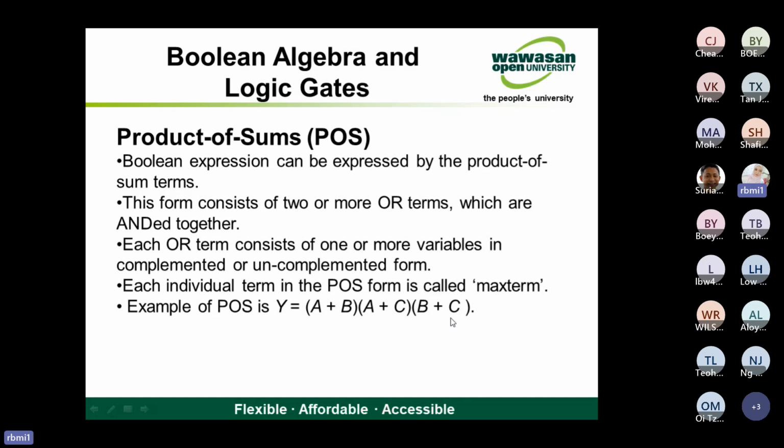For the SOP and POS equations, the individual terms do not involve all three variables. If each term in both the SOP and POS forms contains all the variables, then the expressions are known as the standard sum of products and product of sums respectively. We either call it standard or canonical.